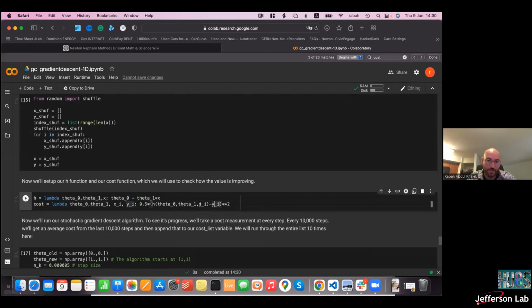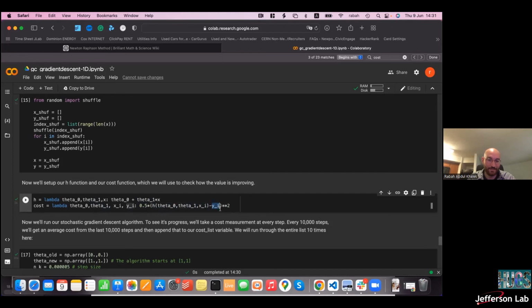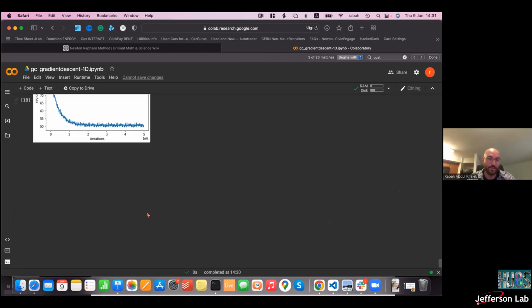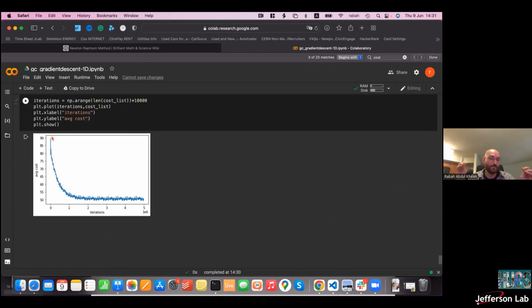So what you're doing is that you have a model which is a linear model. Theta 0, theta 1 are your parameters, and this is your linear model. You're trying to minimize the distance with the data, which is y indexed i, right? You start with a random value, and this is why your cost would be very high, because the distance would be large.